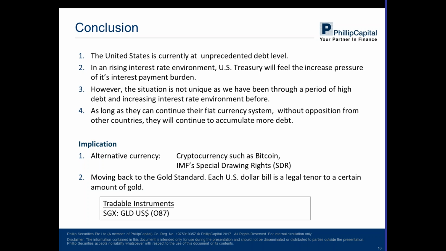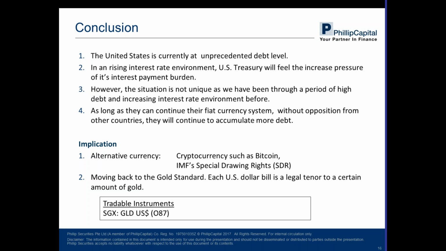So the other implication is actually what we have always said for a very long time, that the printing of money cannot last forever. We believe that at one point in time to come, there are already some conservatives within the US government asking to move back to the gold standard. What does this mean?